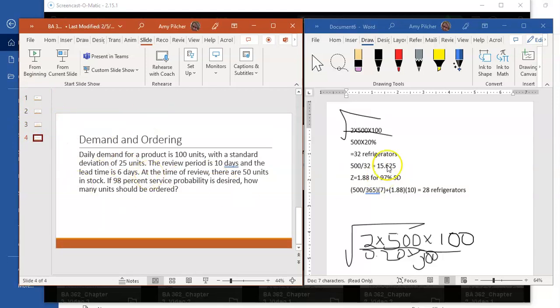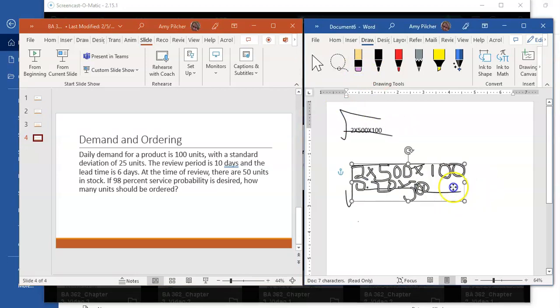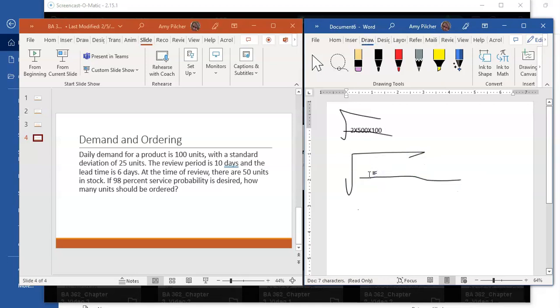Okay, so our next slide, we're looking at daily demand for a product. The daily demand for a product is 100 units.